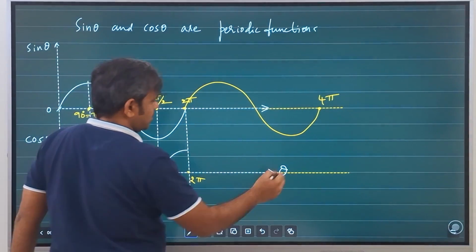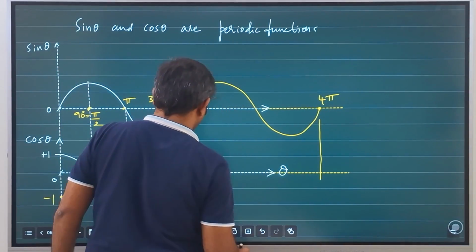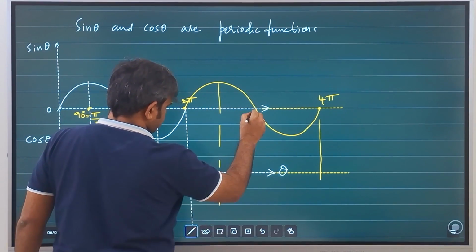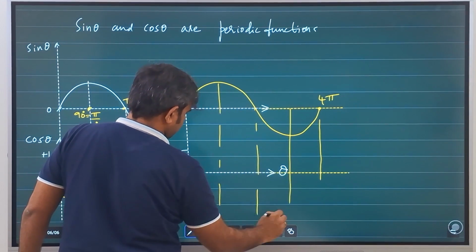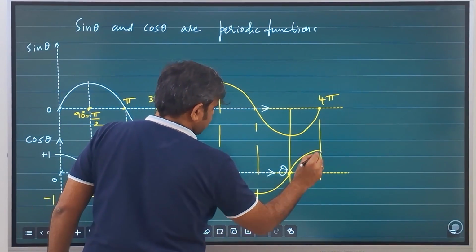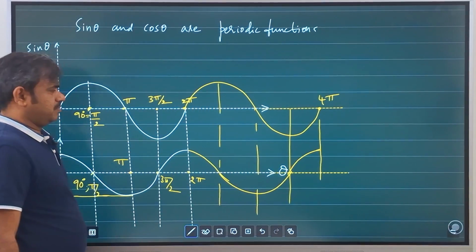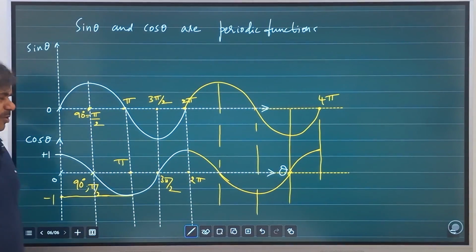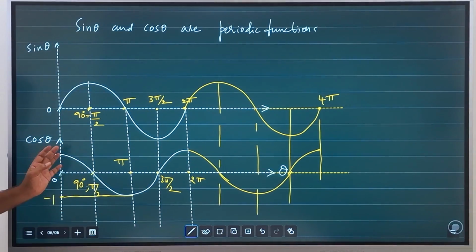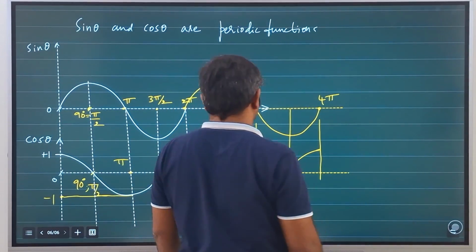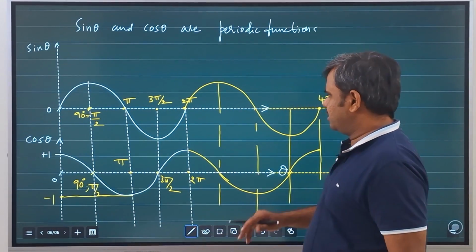Similarly, for cos theta also, you will get the same behavior. So for every one cycle, this is how the graph is going to be. In every one cycle, the graph is repeating itself. The behavior of sin theta and cos theta are repeating.